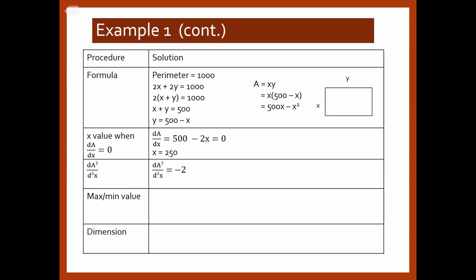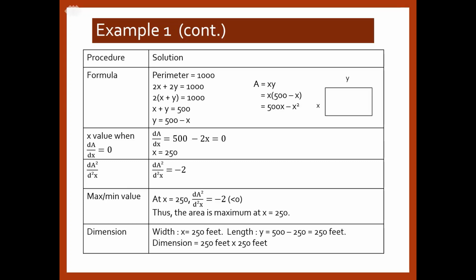Differentiate A with respect to x, you will get dA over dx equal to 500 minus 2x. By letting dA over dx equal to 0, you will obtain x equal to 250. Differentiate dA over dx once again with respect to x, you will get d squared A over dx squared equal to -2, which is less than 0.